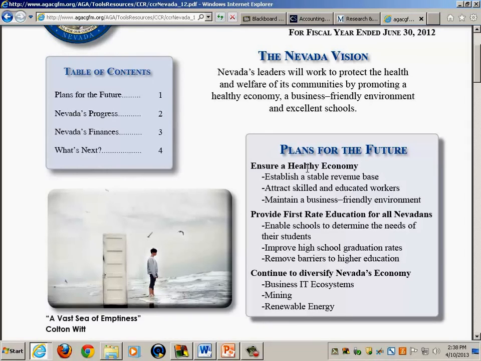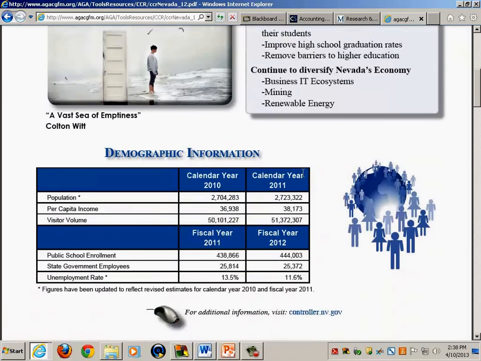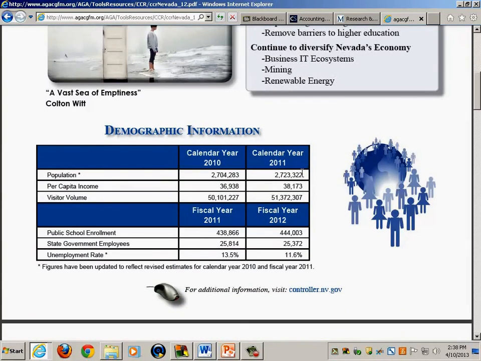Page 1 provides the objectives of the government, the programs it's required to do. Some demographic information you'll find too as we go along. Look at the demographic information here. A little different from the other reports you're used to seeing.